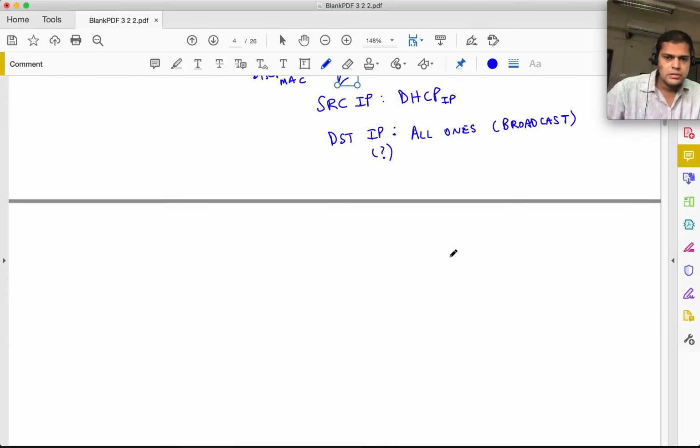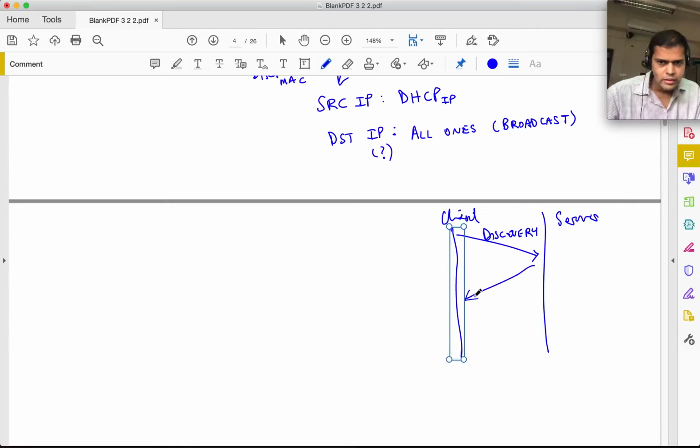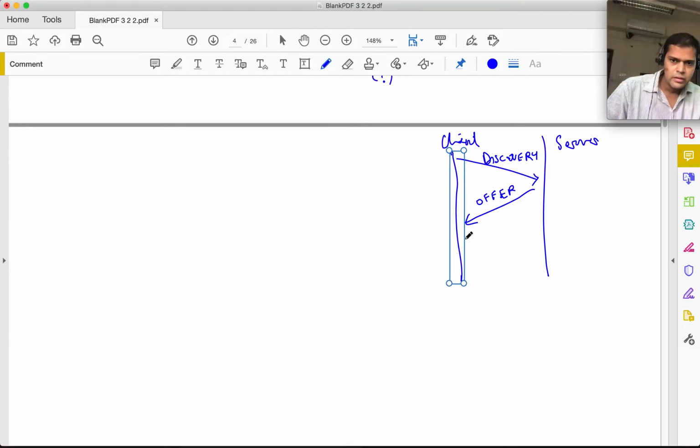So the protocol works this way. This is the client, and this is the server. There's a discover packet, and then there is the offer, and that is followed by a request and an acknowledgement.